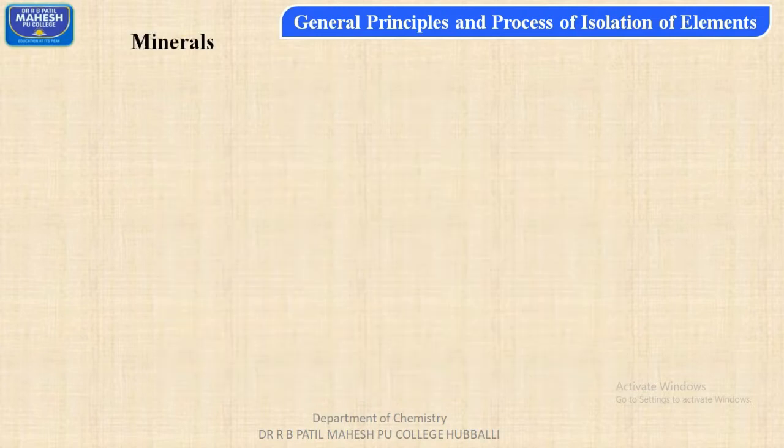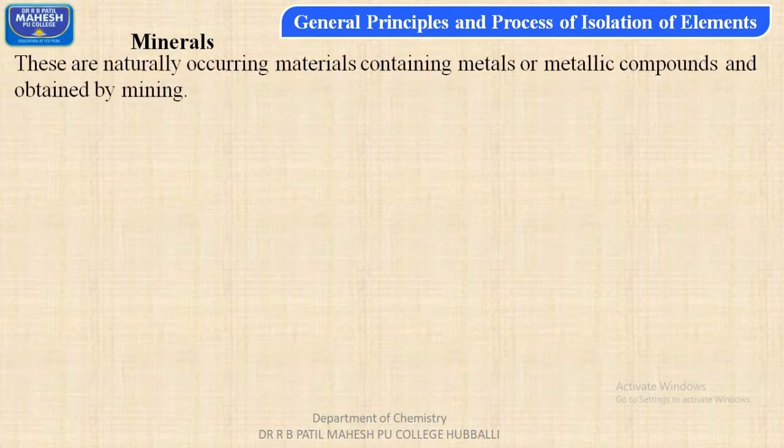We shall understand some of the terms which are used in this chapter. The first one, students, is minerals. Minerals are naturally occurring materials containing metals or metallic compounds obtained by the mining process.